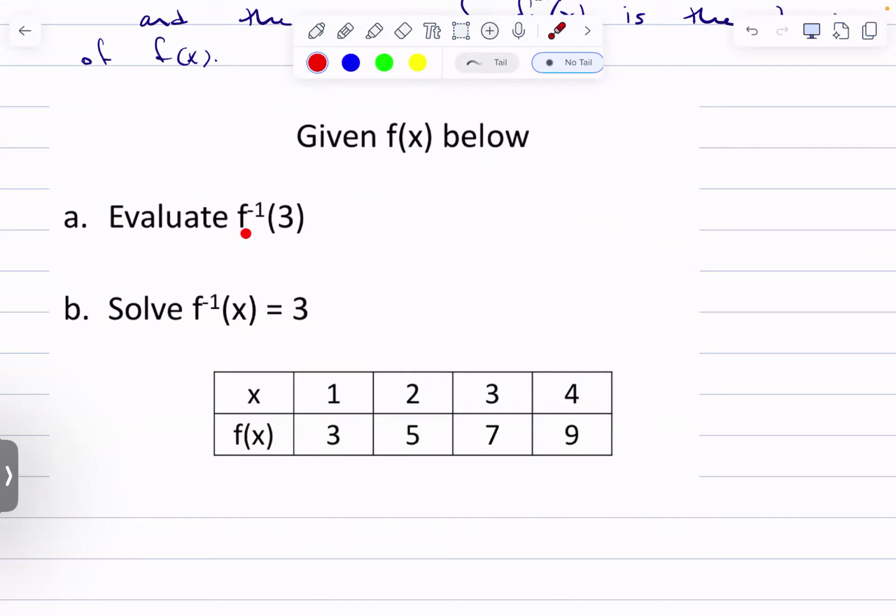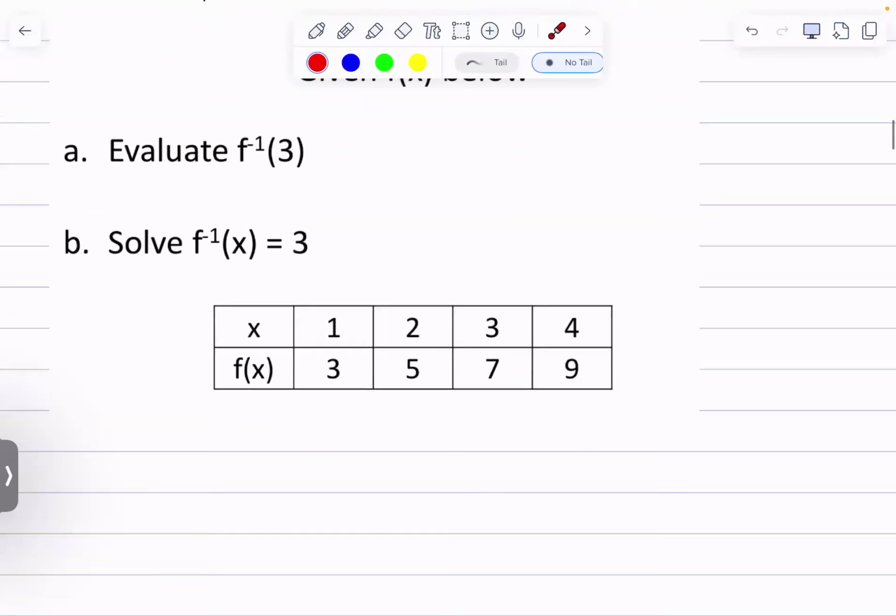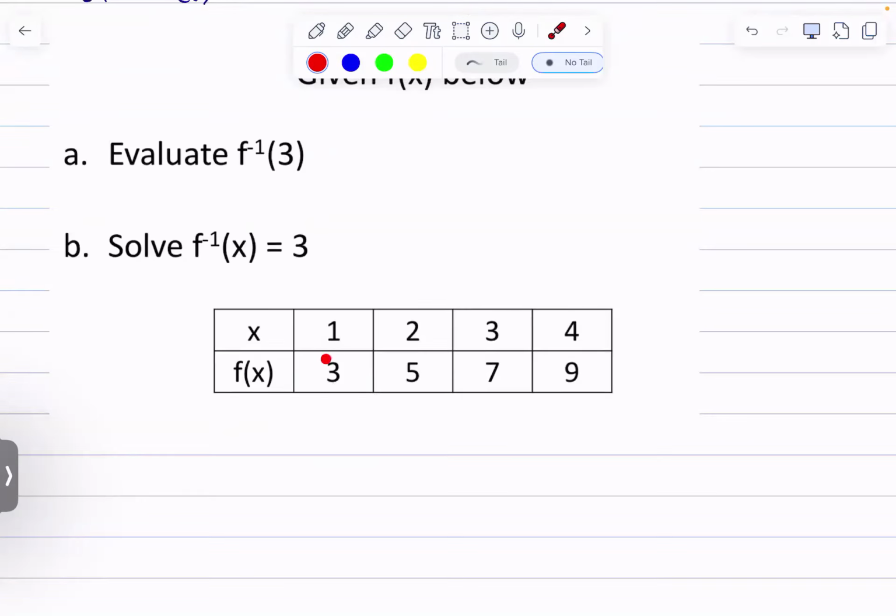If you have to evaluate the inverse of f at 3, what does that mean? It means you go from the output of f of x where it's 3, and you move backwards to find the original input.